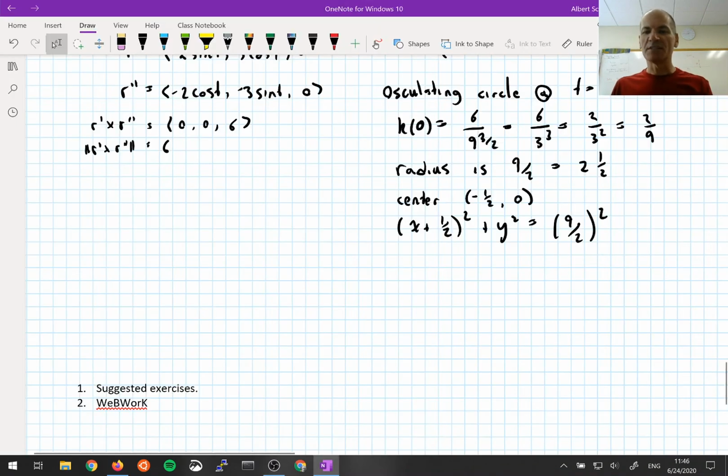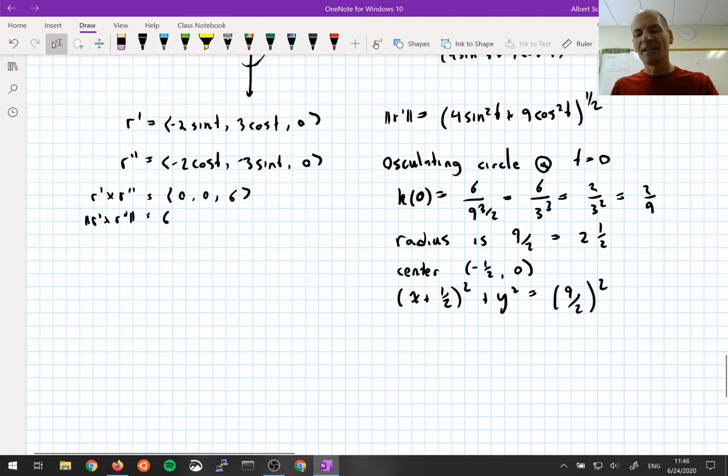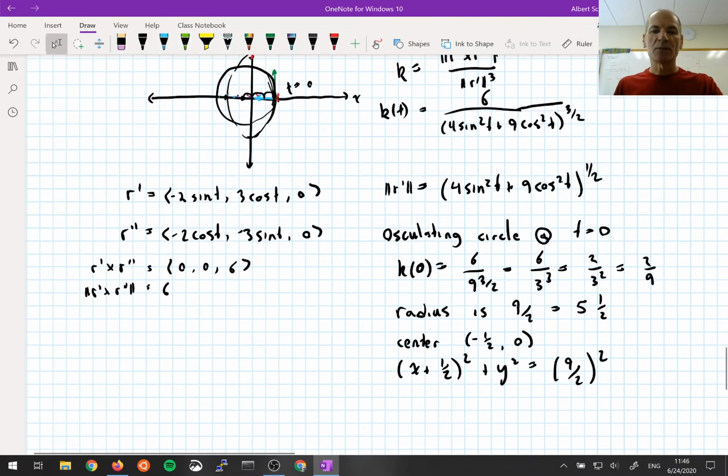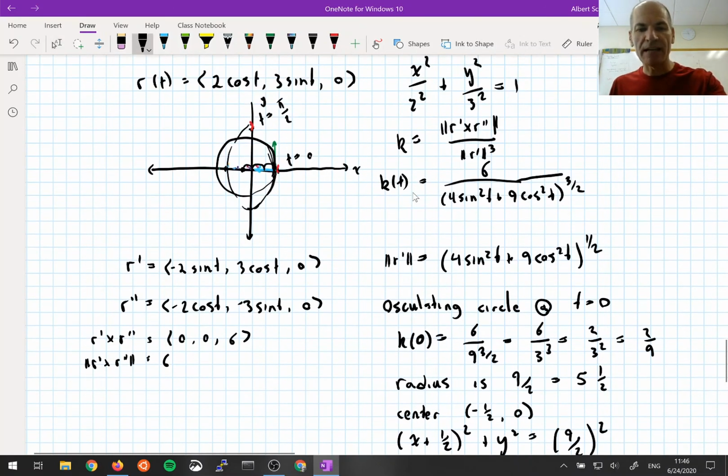One of the reasons it's nice to come at a problem from lots of different angles. Probably if you were following along, you noticed this. 9/2 is not 2.5, it's actually 4.5. So we've got to go back 4.5 units from this point.